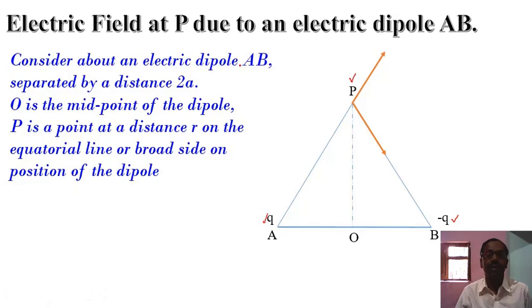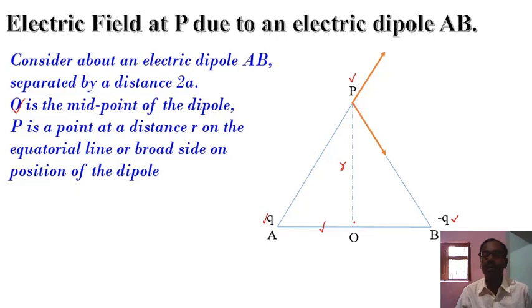Consider an electric dipole AB, separated by a distance 2a. The distance between A and B is 2a and O is the midpoint. Therefore, AO equals BO equals a. P is a point at a distance r on the equatorial line.